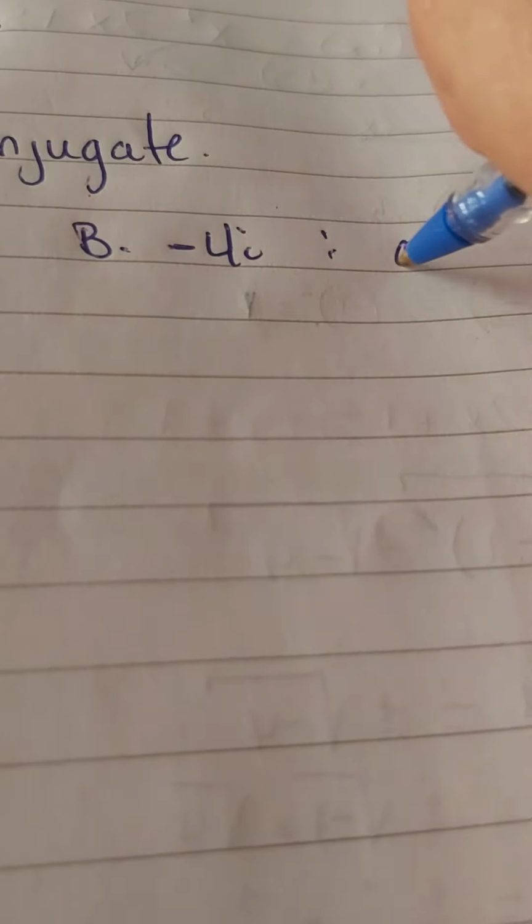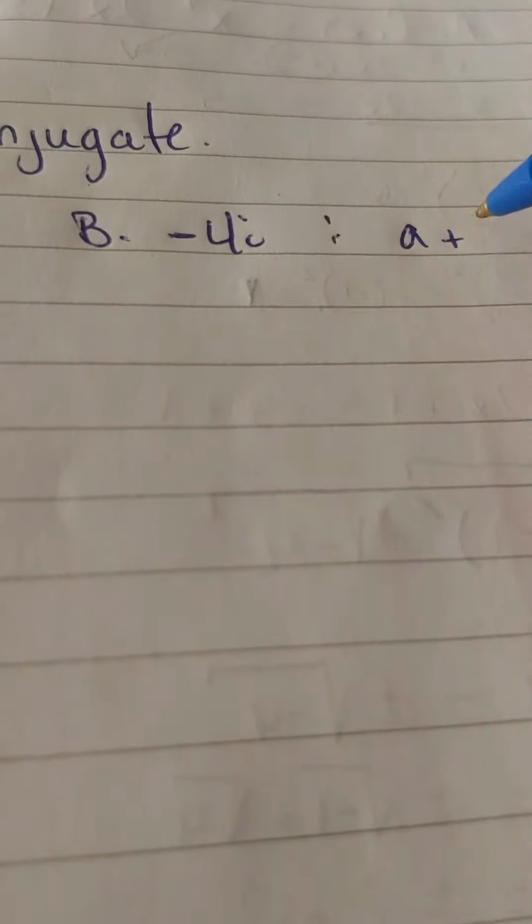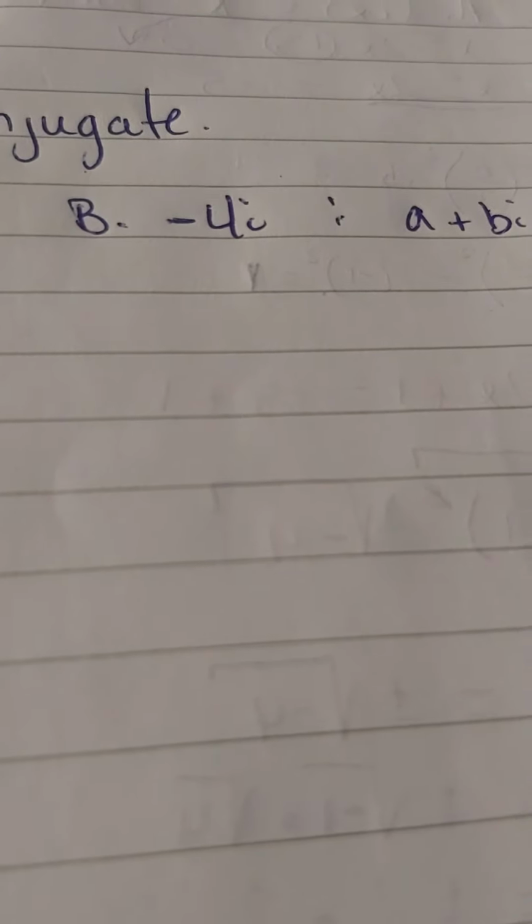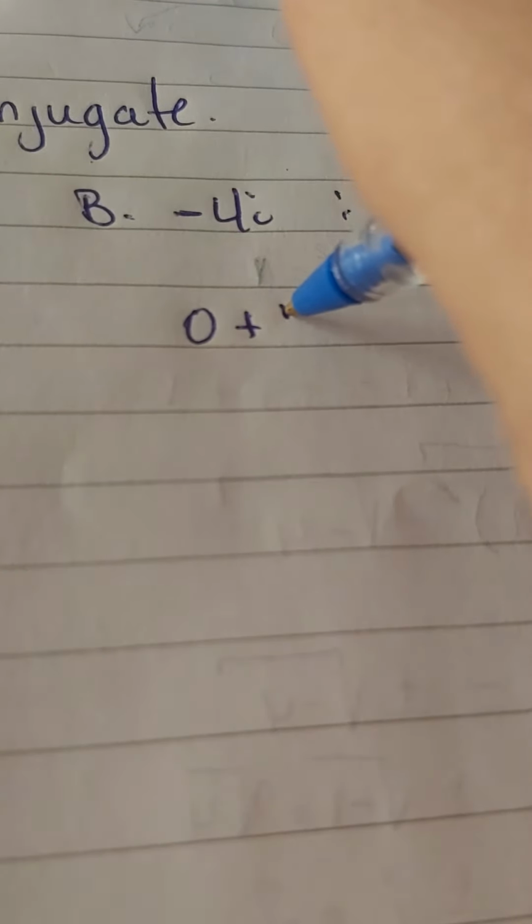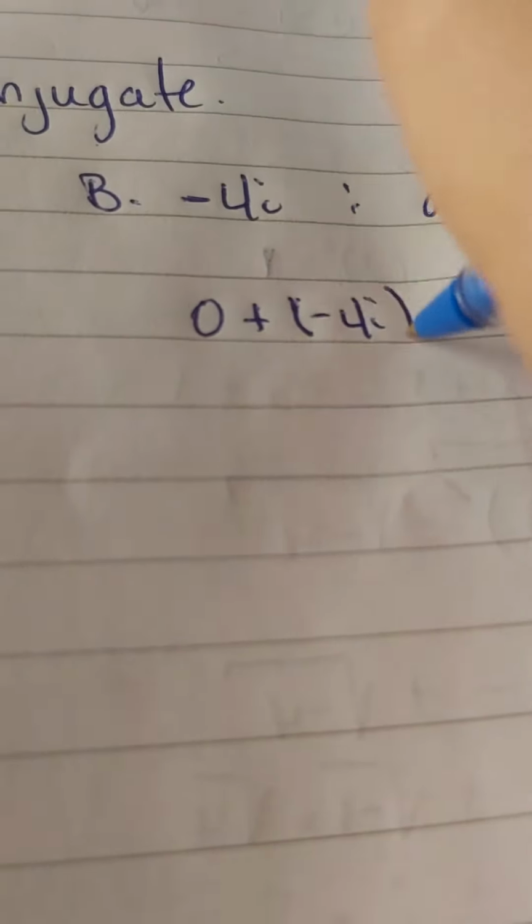Now in part B, we have negative 4i. This is an example of a pure imaginary number. Now, if we want to write this in complex form, a plus bi, negative 4i is equal to 0 plus negative 4i, or 0 minus 4i.